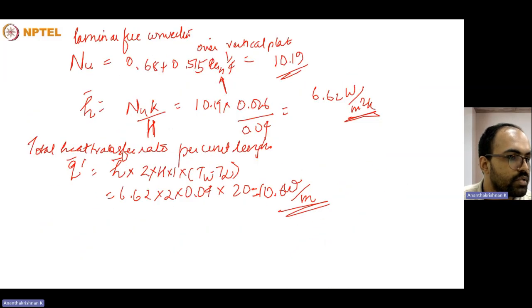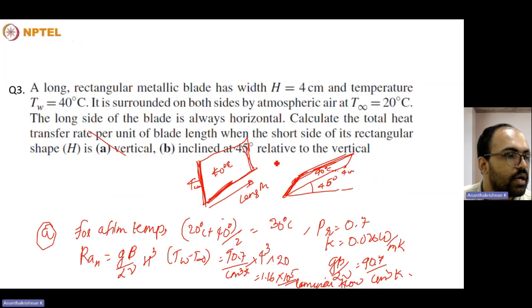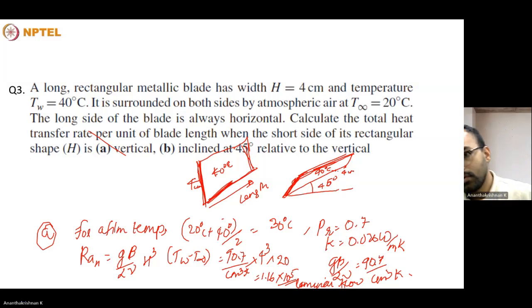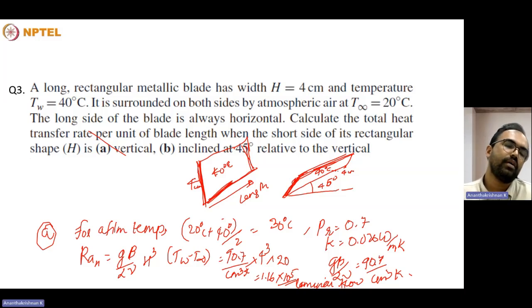So the second part of the question is regarding inclination. This plate will be inclined at 45 degrees relative to the vertical. In that case, we have to obtain the value of the Rayleigh number.